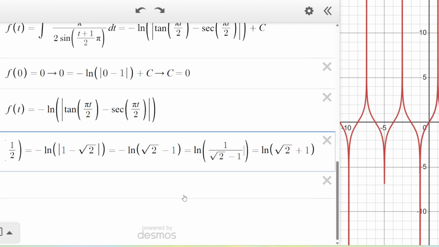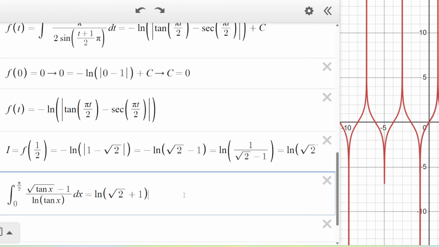And then multiplying the top and the bottom by square root of 2 plus 1, we end up with this. So, in conclusion, the integral from 0 to pi over 2 of the square root of tangent x minus 1 over natural log of tangent x dx is equal to the natural log of square root of 2 plus 1.